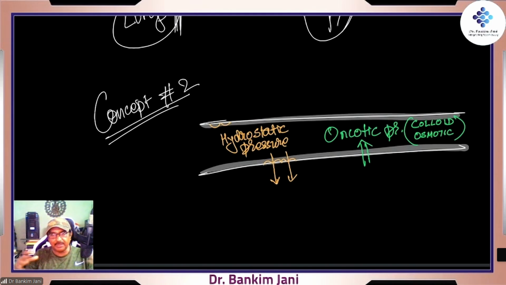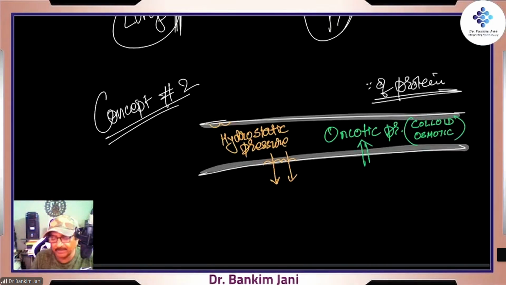Right now you are breathing normally, your body is functioning fine simply because there is a fine balance between hydrostatic pressure and oncotic pressure. They are all balanced, so things are good, life is fine. If there is any change in that, you have a problem.